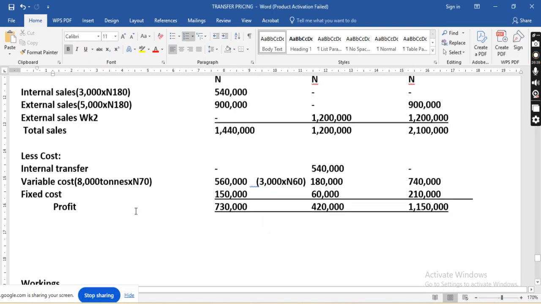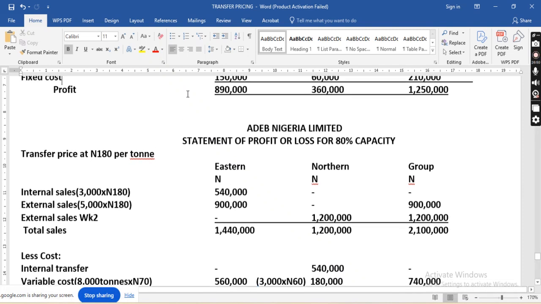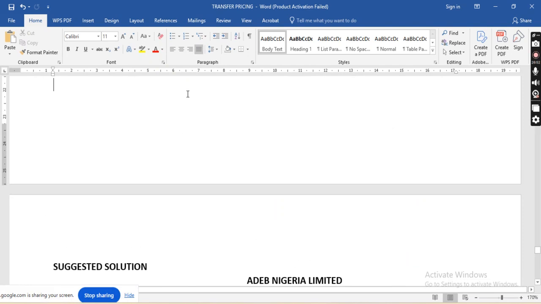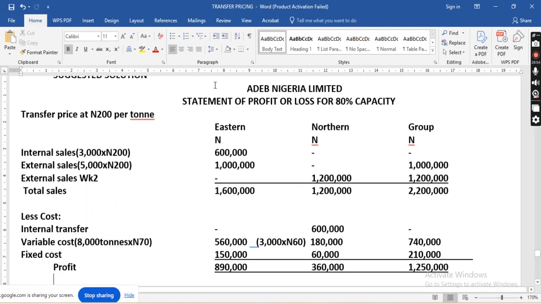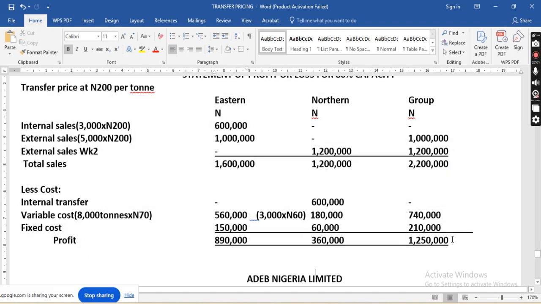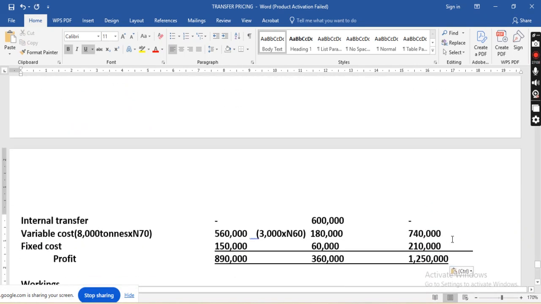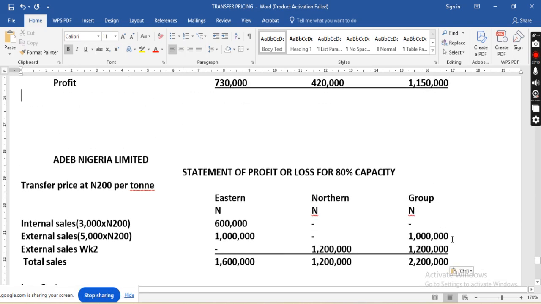So now, based on the 100% capacity, we'll still do the 200 tons and 180, based on 100% capacity.